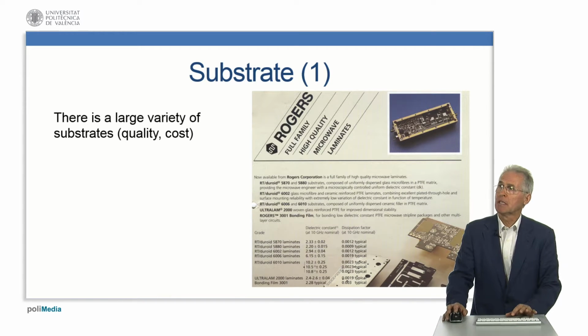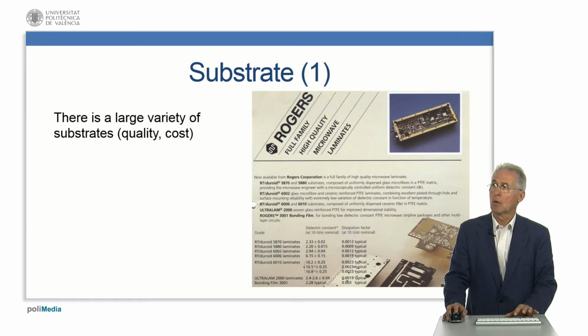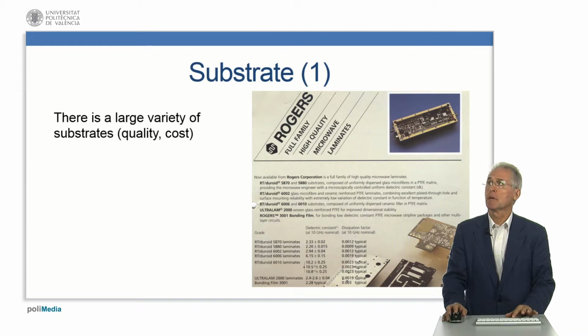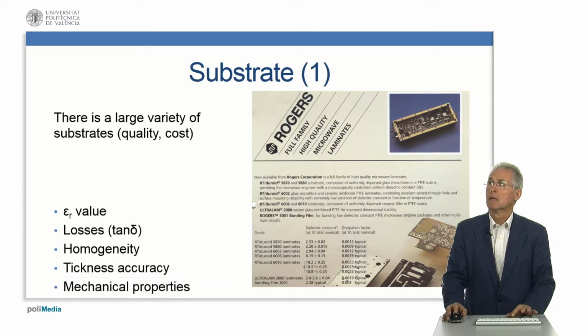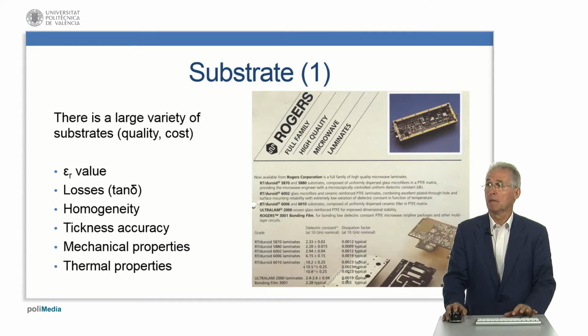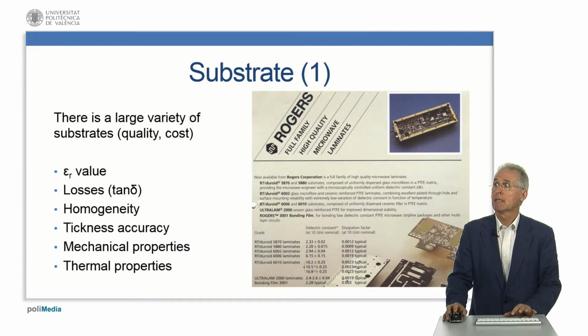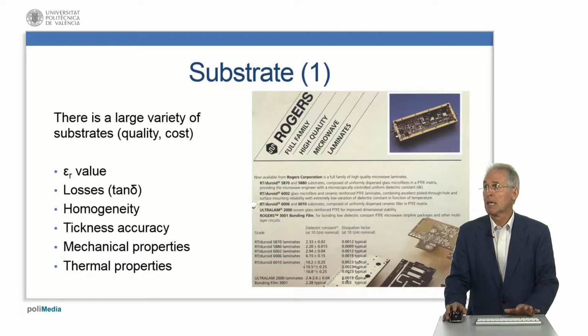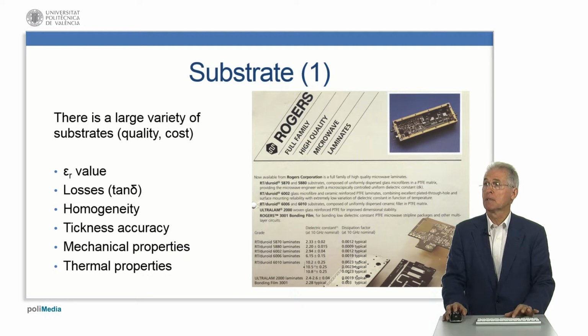There is a large variety of substrates and substrate manufacturers. Rogers is a well-known manufacturer of microwave substrates. The quality and cost of a substrate depends on the relative permittivity value, the losses, the homogeneity of the material, the thickness accuracy, mechanical properties, thermal properties, and so on.